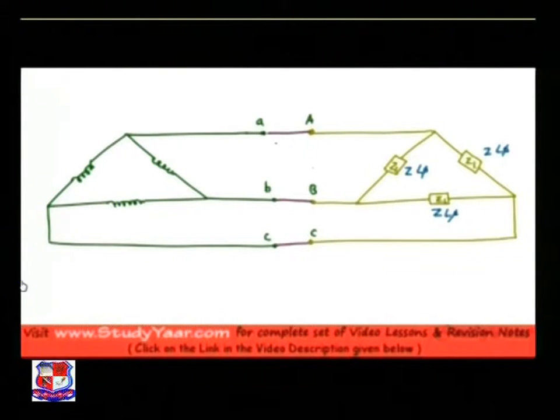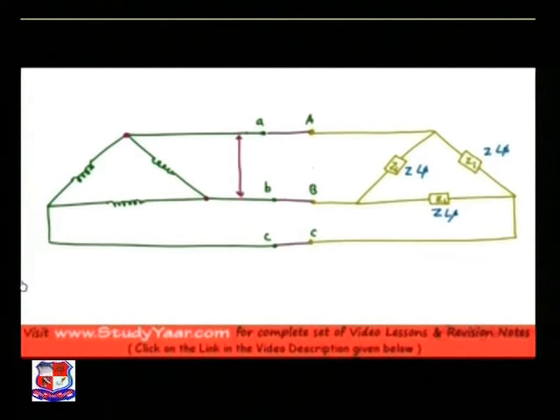What is your line voltage? Your line voltage is the voltage across your transmission lines, the voltage between this point and this point. So essentially your line voltage is the voltage in your coil.